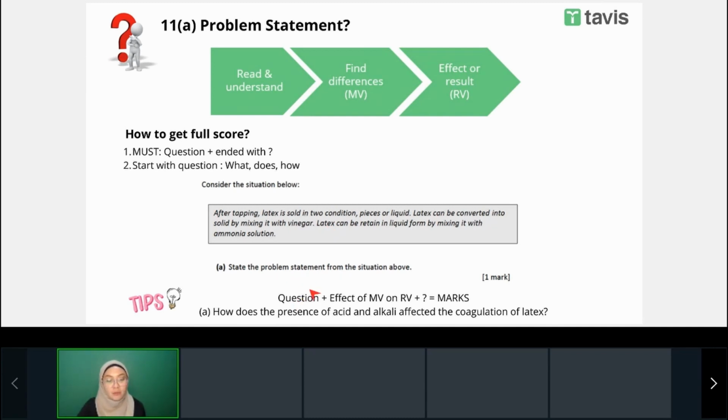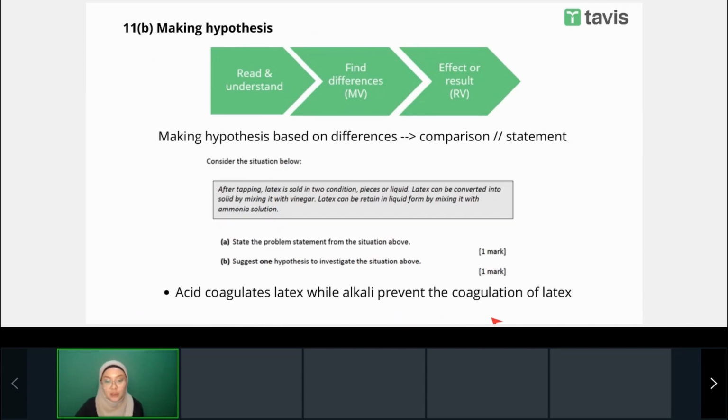How to make a problem statement? It must be in the form of a question. Okay, how does the presence of acid or alkali affect the coagulation of the latex?